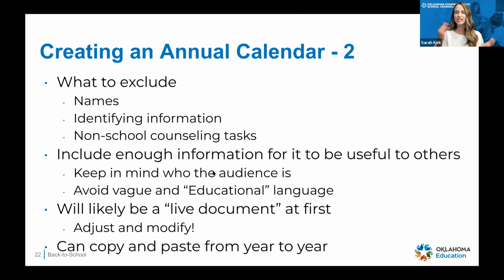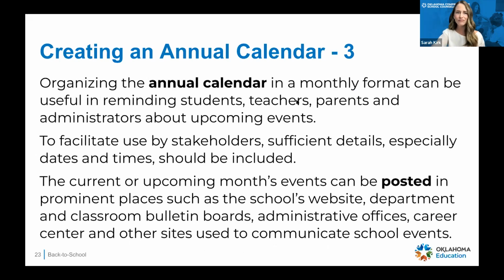And then you'll just add things as things change and as you add different components to your comprehensive school counseling program. But definitely keep in mind, this is not meant to be done in one sitting and then never looked at again. We want you to continue to add to it. Hopefully we're not having to remove too much of things we planned to do and didn't get to, but of course that happens as well.